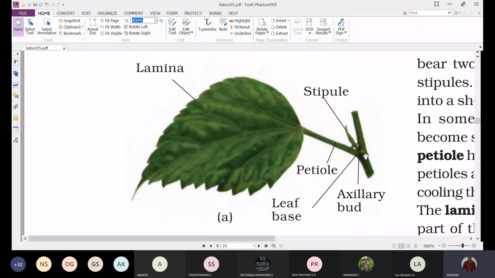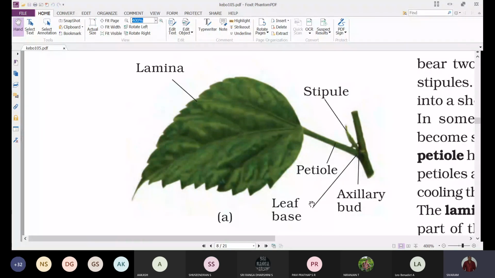Next, the point of attachment of the leaf with the stem we call the leaf base. That means the structure with which the leaf is attached to the stem, we call the leaf base.